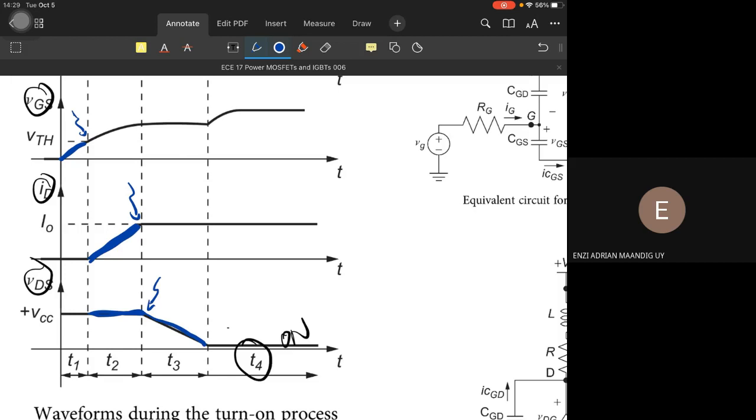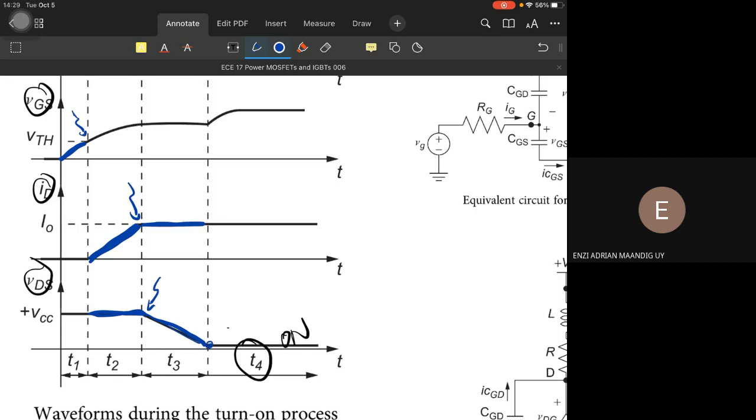When VDS starts to drop to 0, ID becomes constant. And T4 starts automatically once VDS reaches 0.